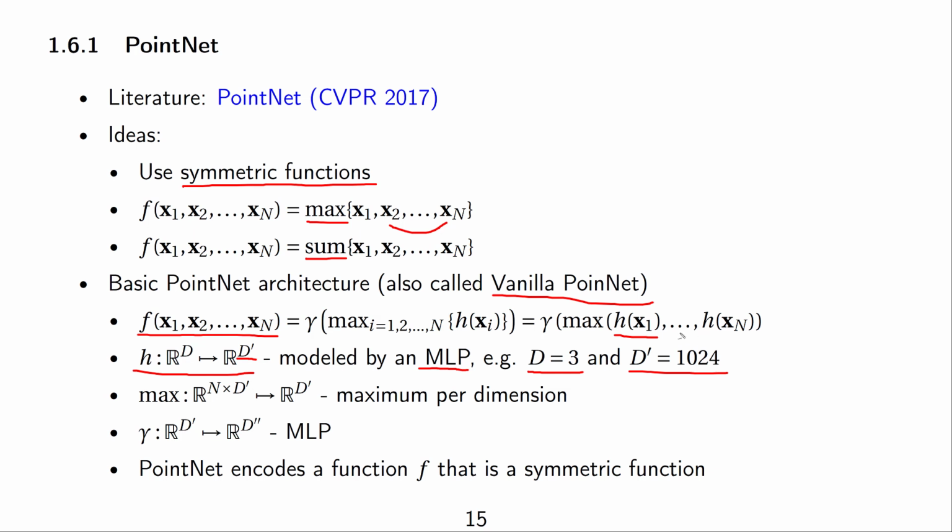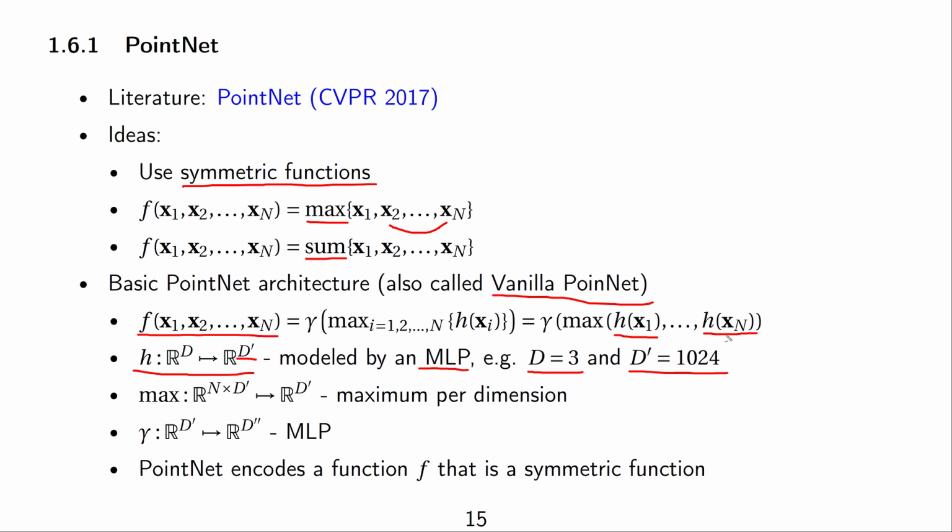Every point goes through the same procedure, all through the MLP, and finally the last point also goes through the same MLP. All the weights are shared among all the points. That is an important part. And so the last point xn will also be transformed into a 1024 dimensional feature vector.